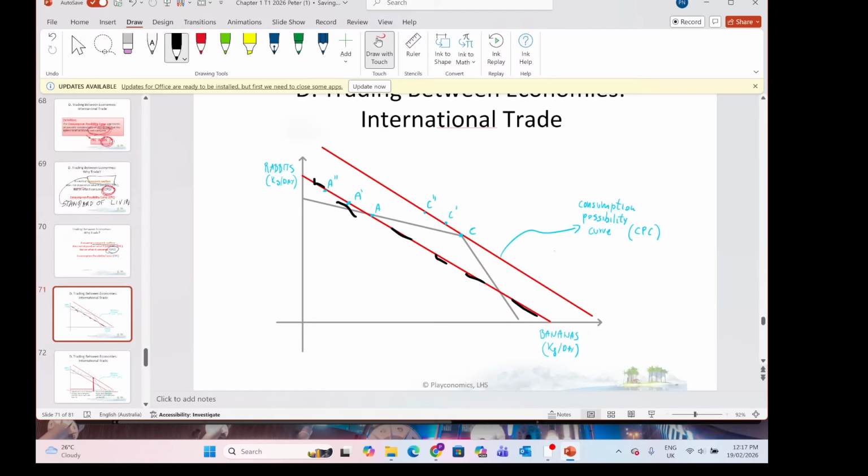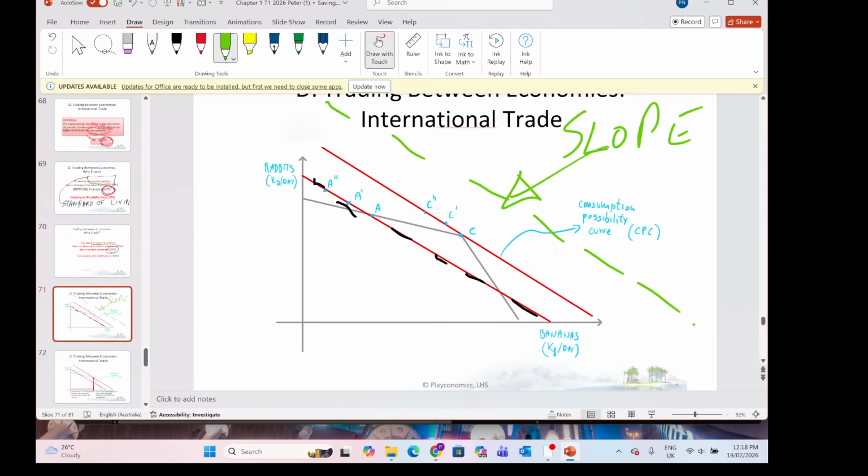I could draw that same line up here. The black line, the green line, and the red line for that matter, all indicate the same thing. What we're concerned about is the slope of that line. They're all parallel lines. They've all got the same slope.